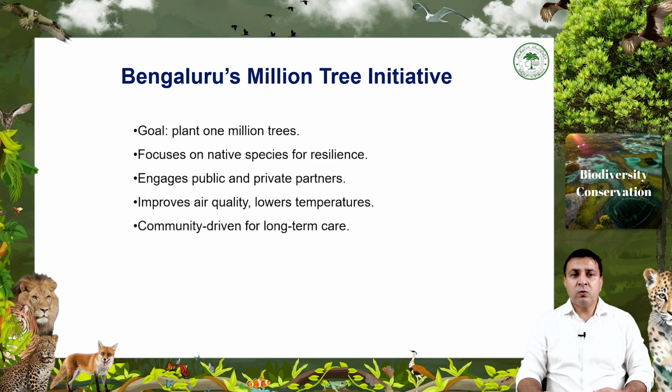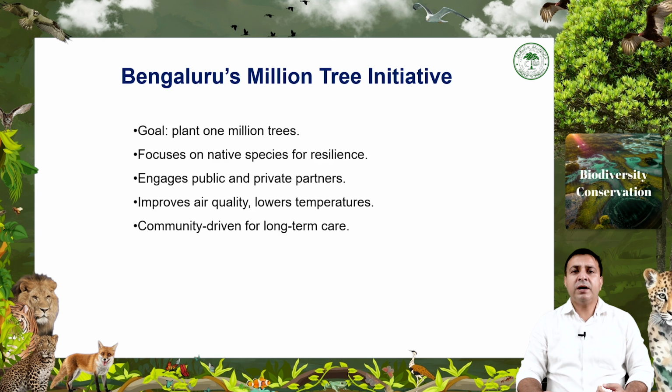Another is the Bangalore Million Trees Initiative. This initiative aims to increase urban tree cover to counteract the urban heat island effect, focusing on native species for better resilience and biodiversity.